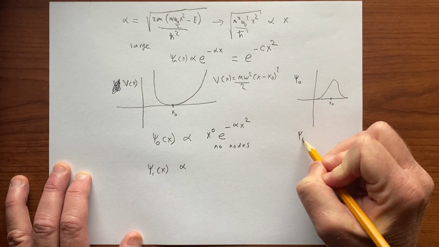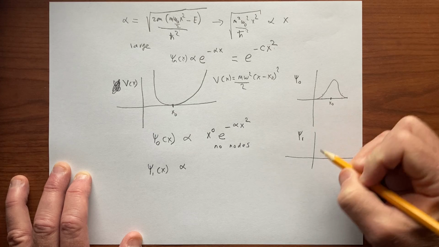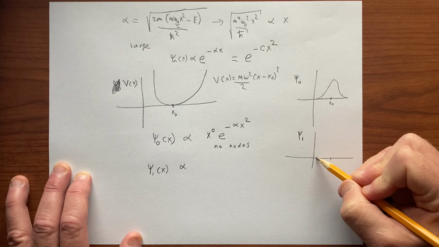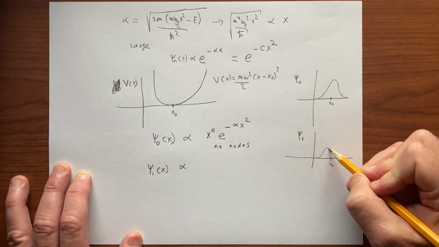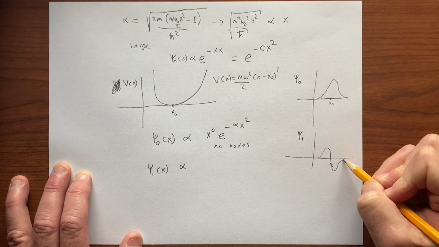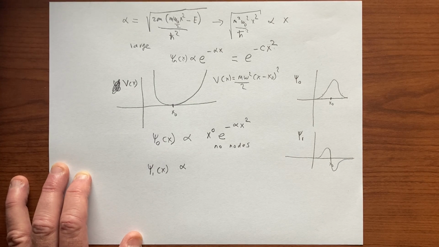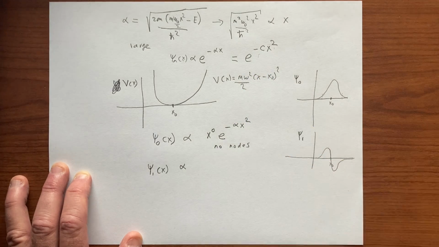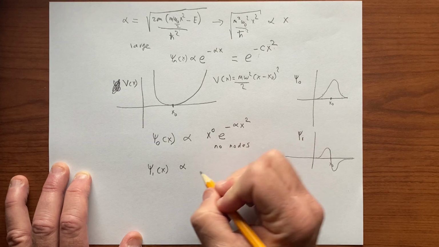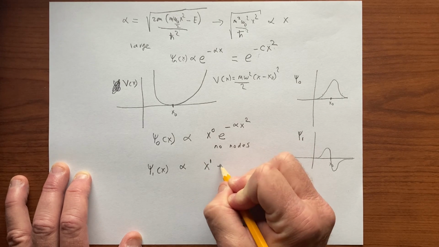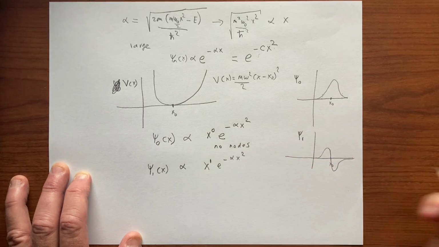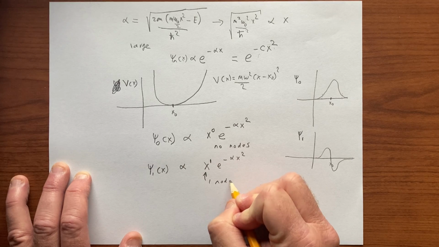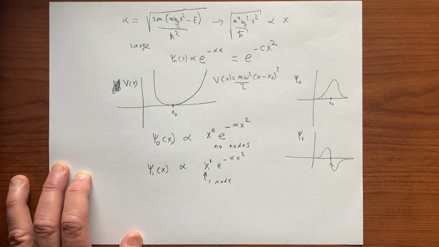If I draw up psi 1, that's x naught. I'm going to die off here, come through 0, and then die off like that. So I have one node, but I know that I have to have this behavior as x goes to infinity. So it looks like I have a term x to the 1 times e to the minus alpha x squared, where this thing gives me one node, where it goes to 0.